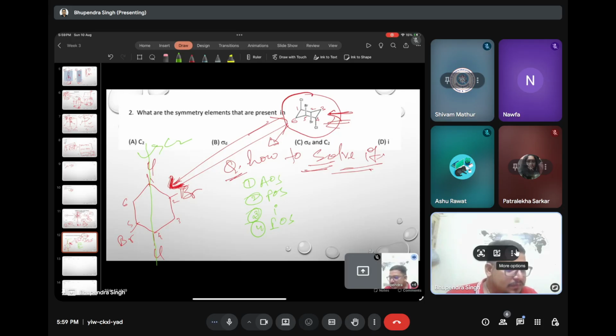This one C2 is present, this is also a C2 axis, because after operating this axis of symmetry, Cl4 will be replaced by Cl1. The 6 position is replaced by the 3 position, and this is your axis. These will be replaced. So 2 C2s are present.